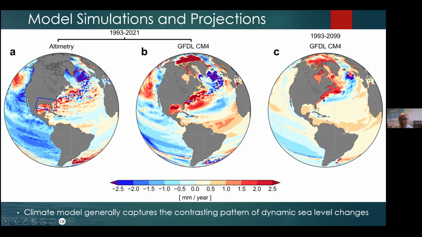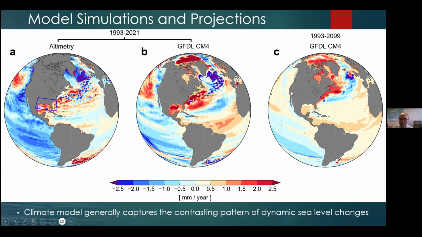And on centennial time scale, you can see panel C is the linear trend of the dynamic sea level for 1993 to 2099. So this is the centennial time scale trend of dynamic sea level in CM4.